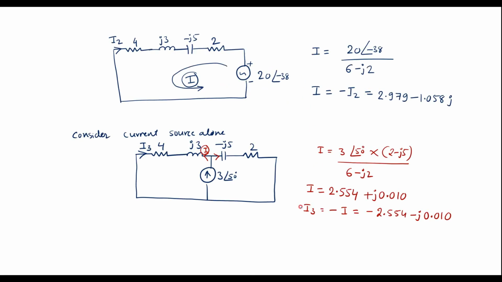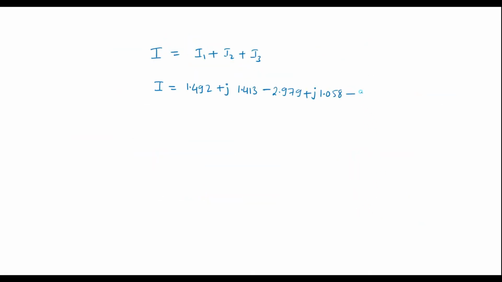Plus I3. Here the I3 value is also minus 2.554 minus J 0.010.